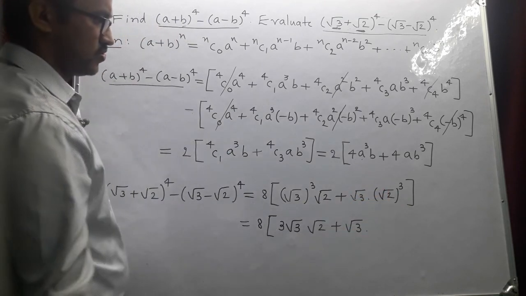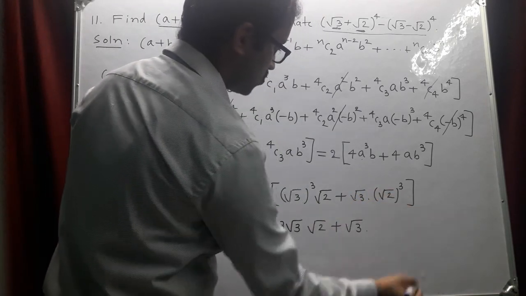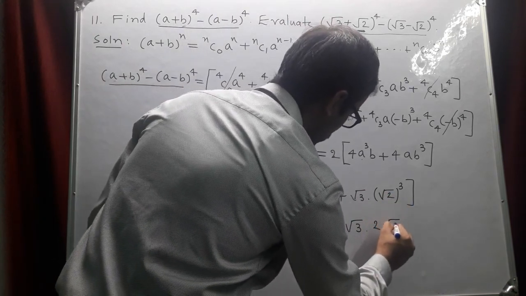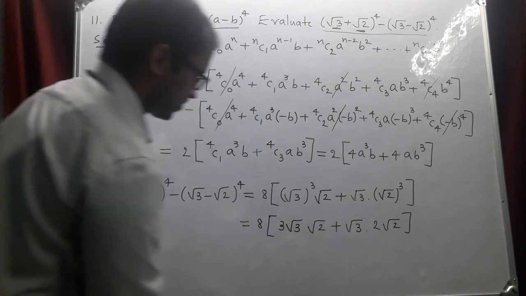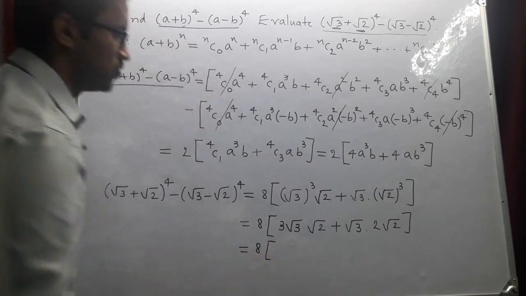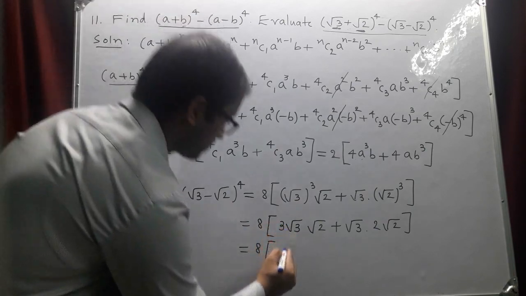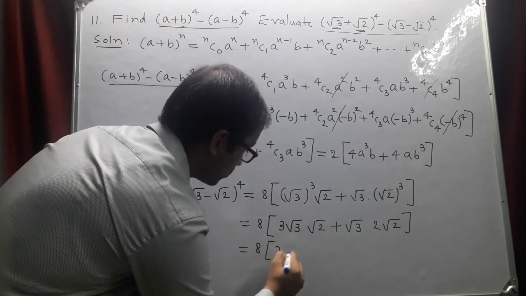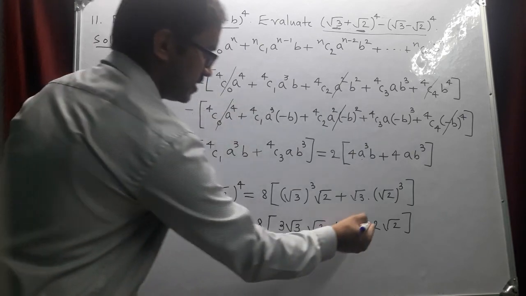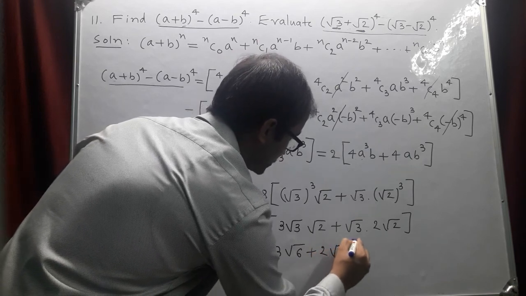Root 2 whole cube is root 2 into root 2 into root 2, so we can write it as 2 into root 2. So that is 8 into (3 into root 6 plus 2 into root 6).